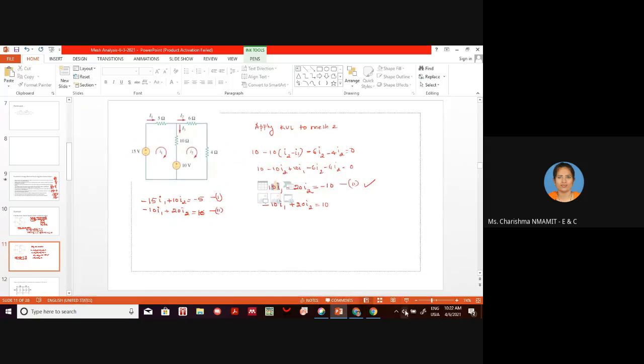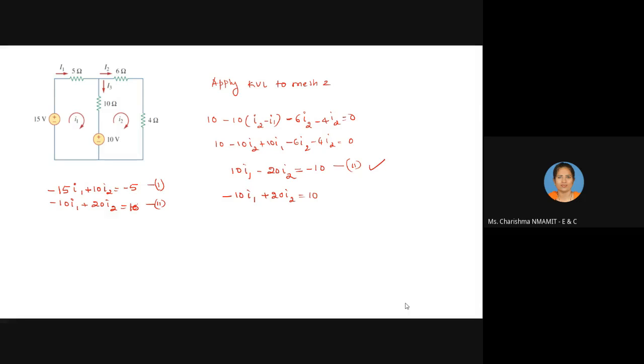It is 1 and 1. Okay. So here I1 you will get as 1 amp. I2 you will get as 1 amp. So what you need to find out is I1, I2, I3. I1 is nothing but the mesh current I1, which is 1 amp.